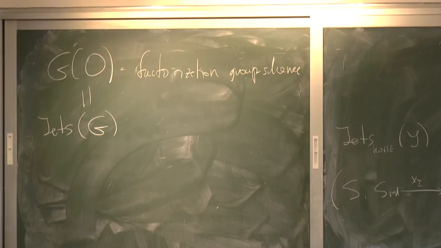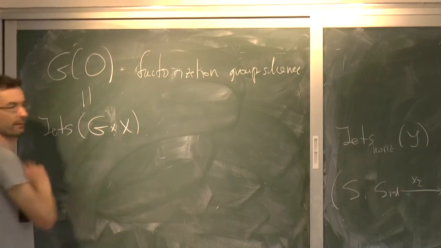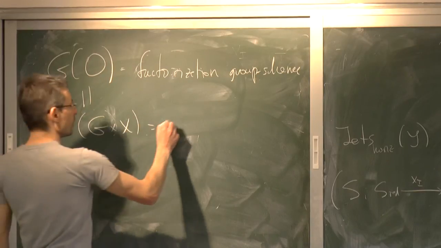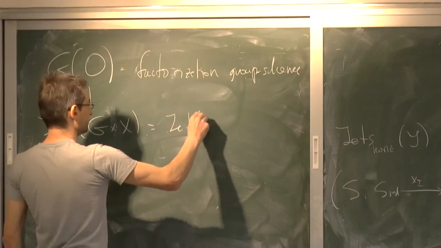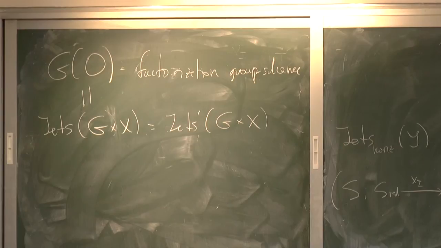How does G map to X? Also isomorphic to jets prime. No, it's jets, not horizontal.